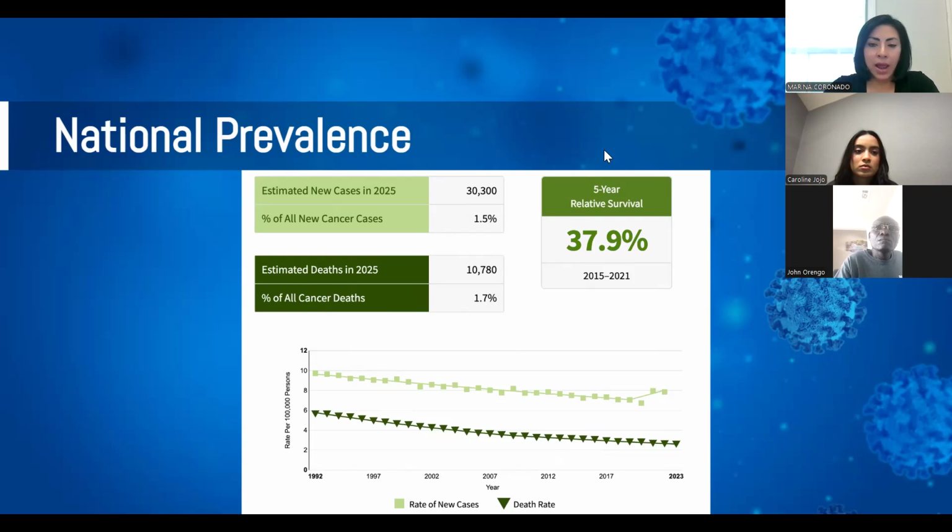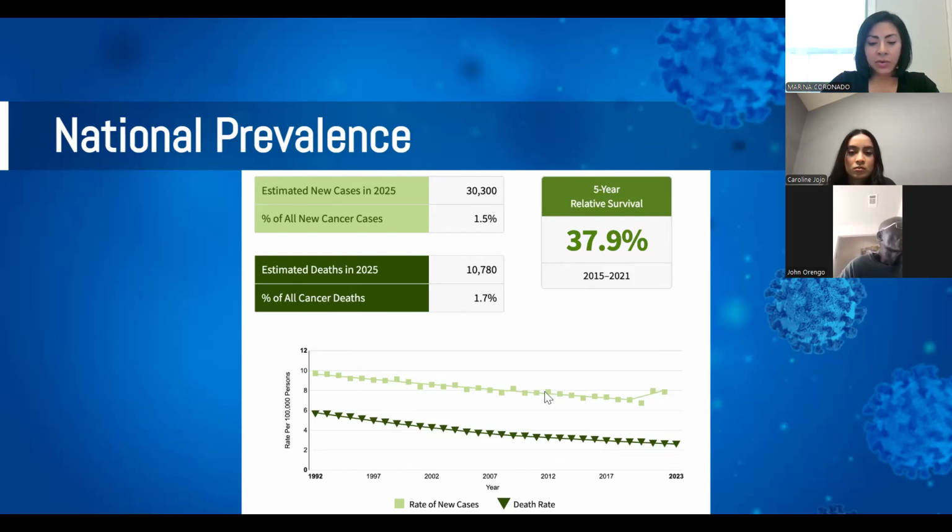On the right, we see a 5-year relative survival rate of 37.9%. This means that only about 38% of patients diagnosed with stomach cancer are expected to live at least 5 years post-diagnosis. At the bottom, this chart illustrates trends over time from 1992 to 2023.